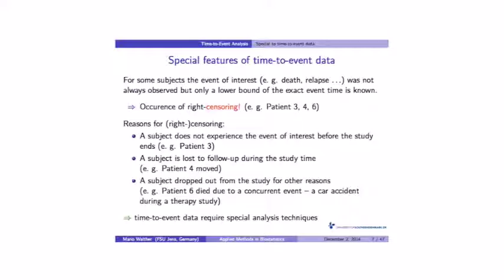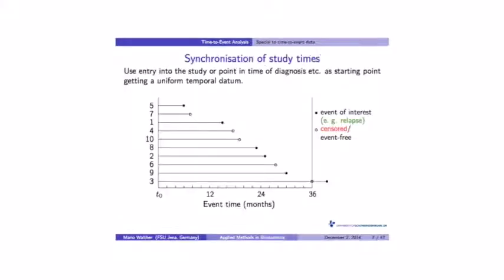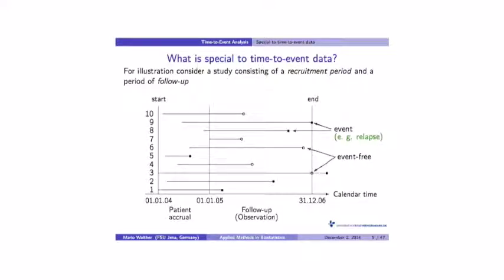For instance, patient 4 went into the study in the middle of 2004, and then at the end of 2005, this patient moved to another region, maybe abroad, and so couldn't be reached for the study. And this is lost to follow up. And so we only have the information that this patient, for instance, was alive or in remission at this date, because this was the last observation of this patient, and afterwards we can't say anything about this patient.